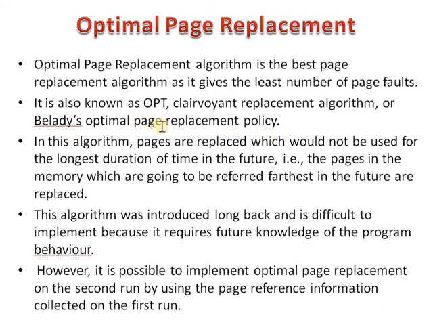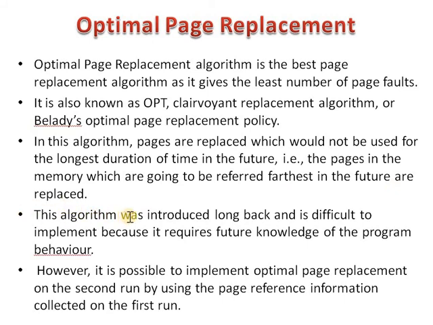page replacement policy. In this algorithm, pages are replaced which would not be used for the longest duration of time in the future. That means the pages in memory which are going to be referred farthest in the future are replaced.